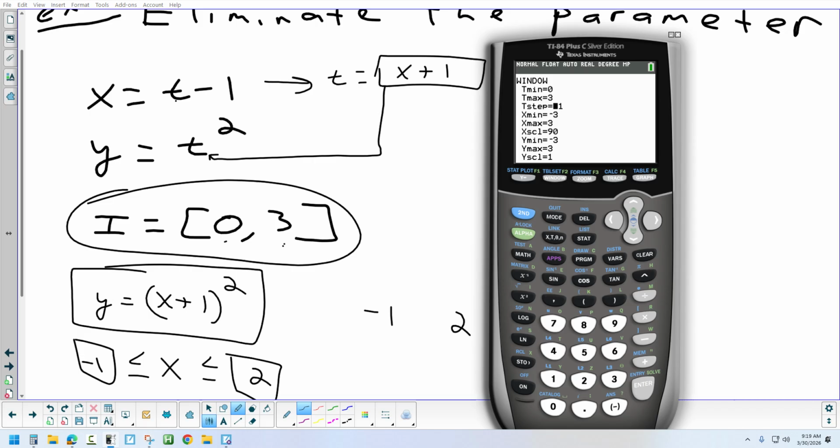That's fine, stepping in increments of a tenth to go from 0 to 3. You're going to get about 30 something points. That's fine. Graph. Okay, window. Probably need to go a little higher on the y max. Let's try 5. Wait, what's the highest it's going to go? 3 squared is 9. Okay, so let's go to 10.